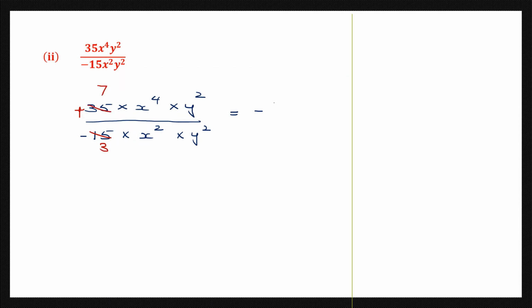So here we have 7 into x to the power of 4 minus 2 into y to the power of 2 minus 2. Now in the denominator we have only 3. So now let's work this out.